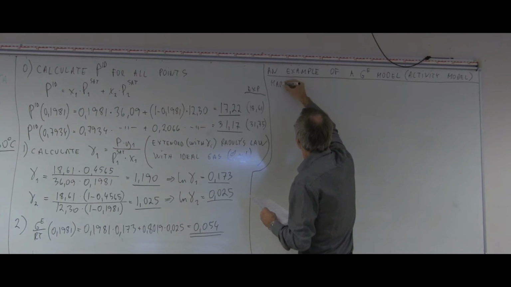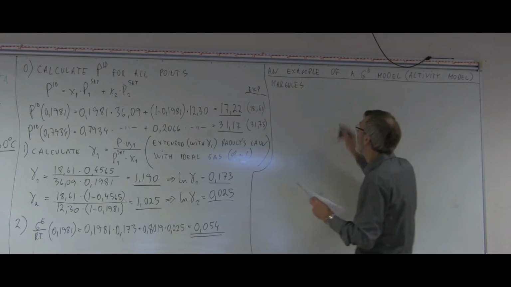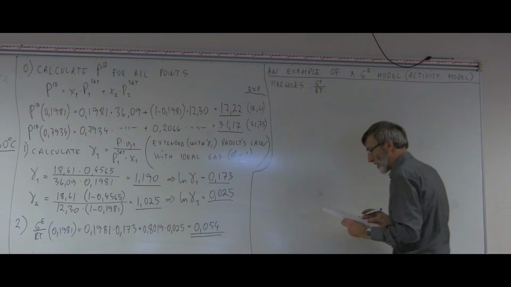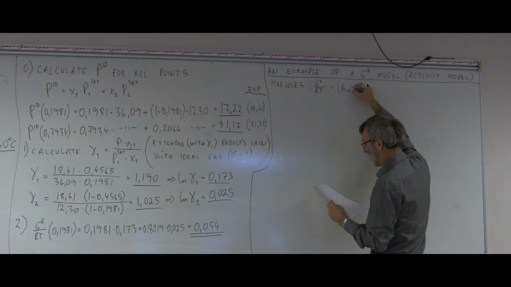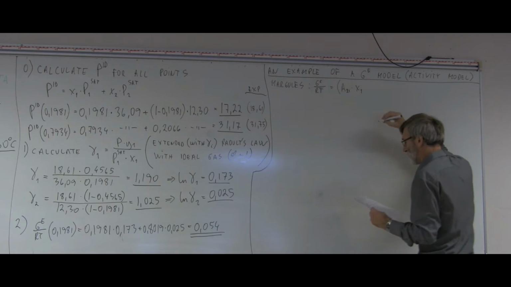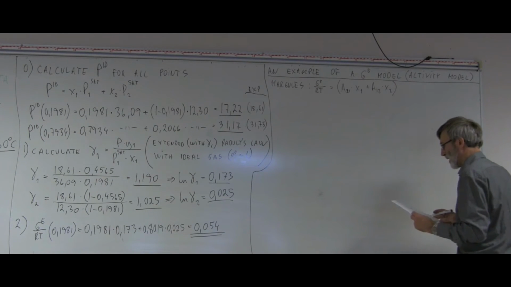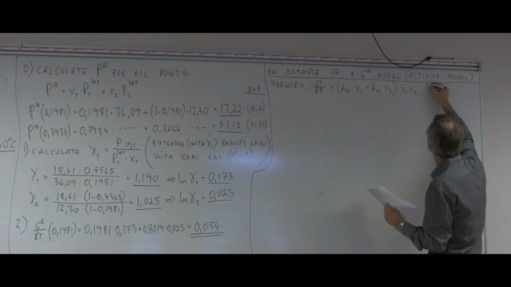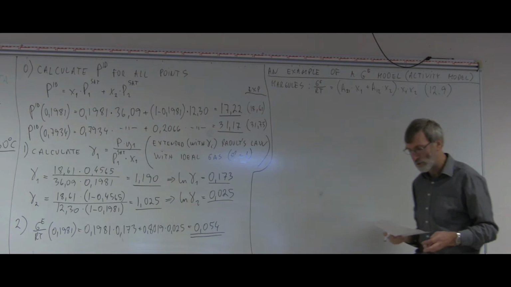And this is the Margules model, where the GE over RT is A21 times x1 plus A12 times x2, times x1 times x2. This is equation 12.9.